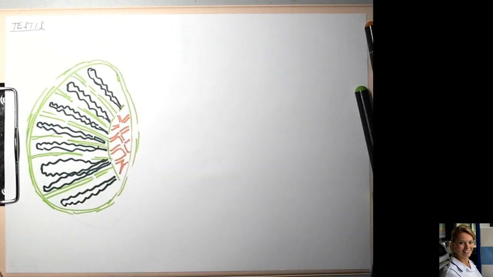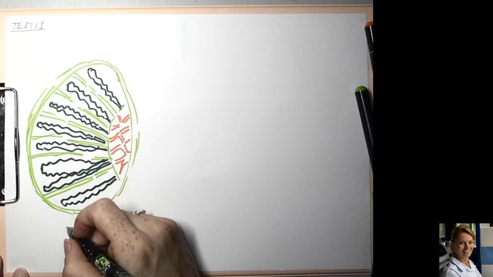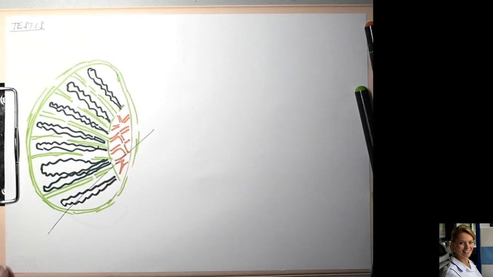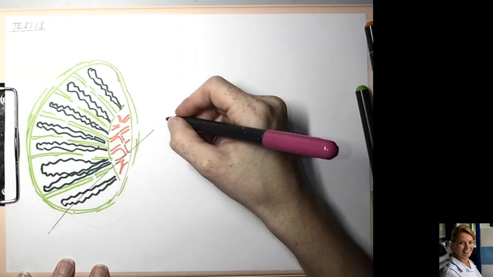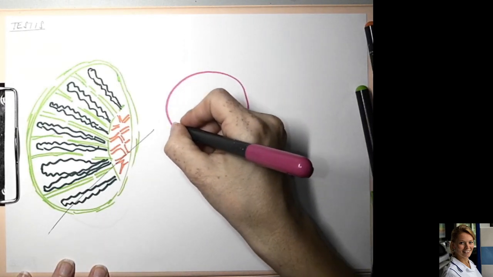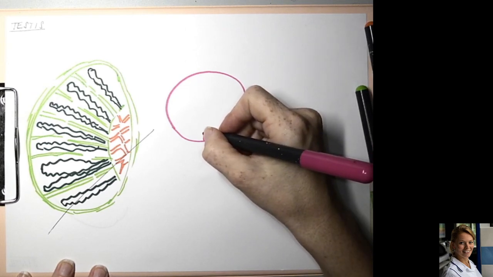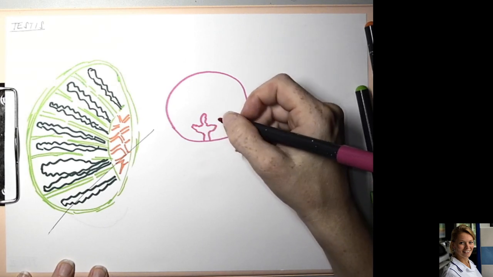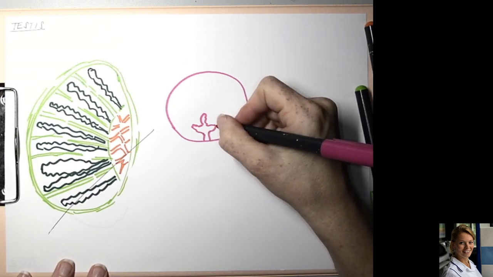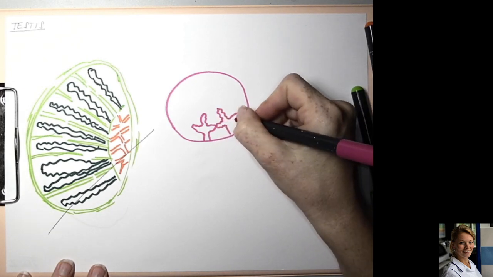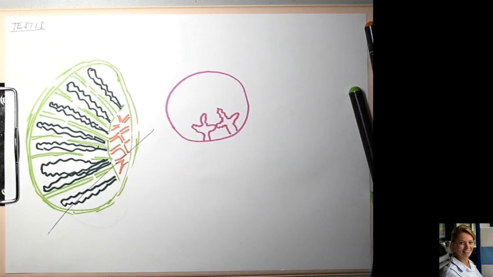So, if we make a cross section through the testis, for example here, we can see seminiferous tubules in cross section, the basal membrane with supporting Sertoli cells, which make a suitable environment for developing spermatogonia.